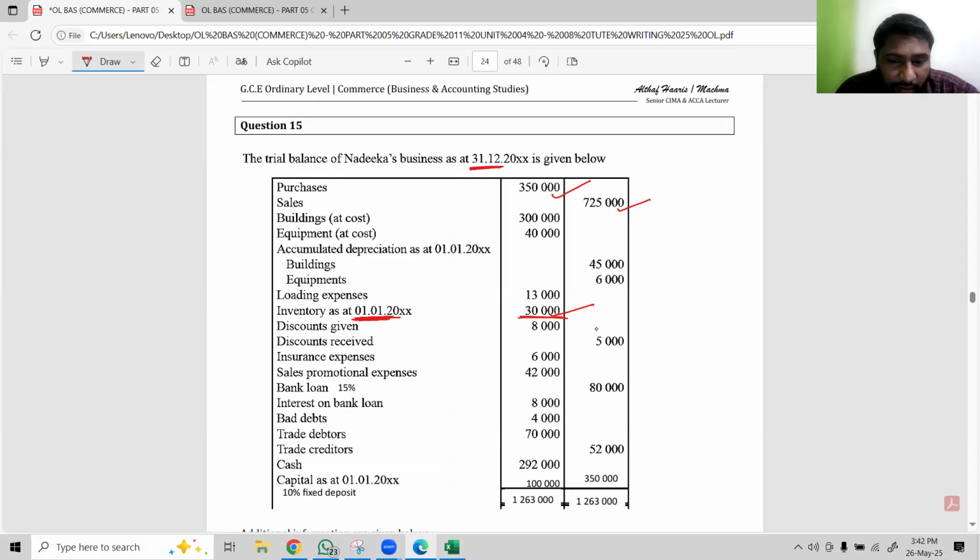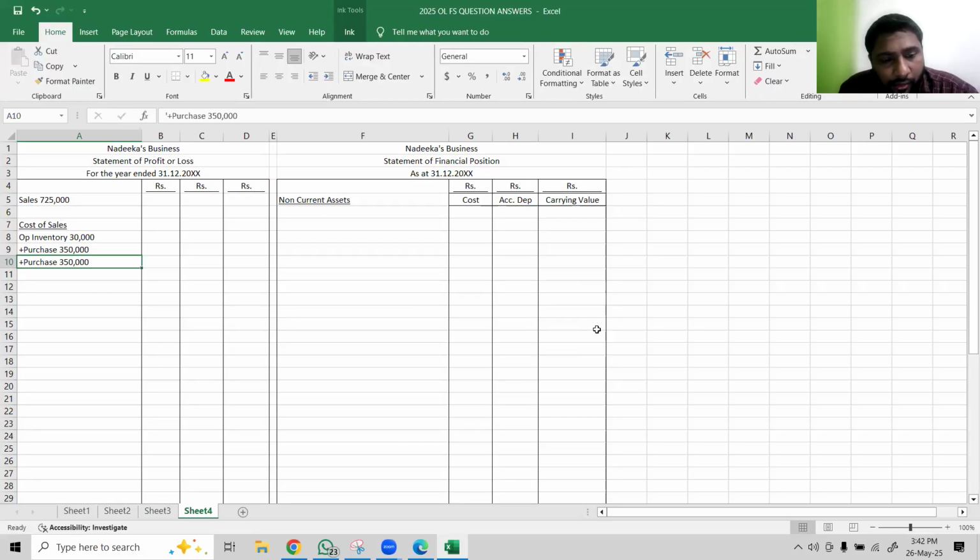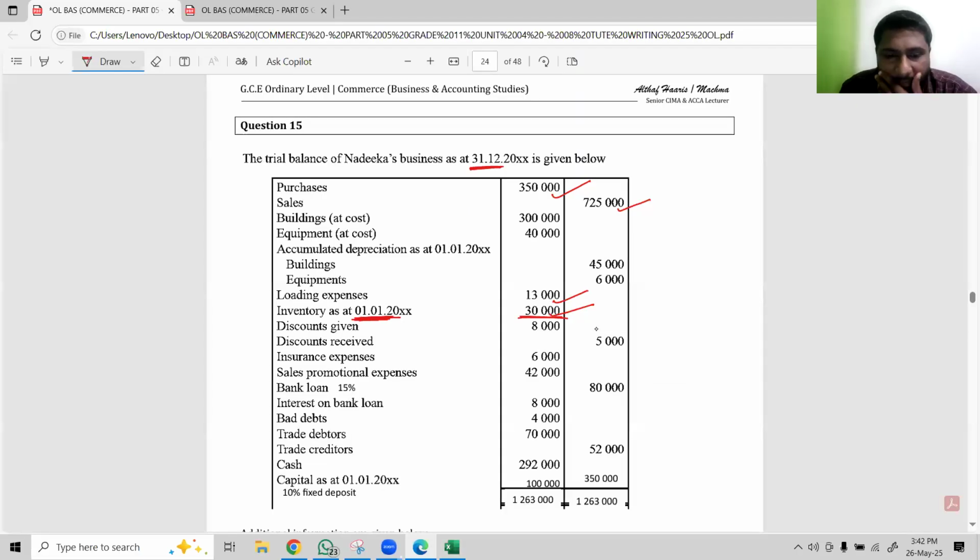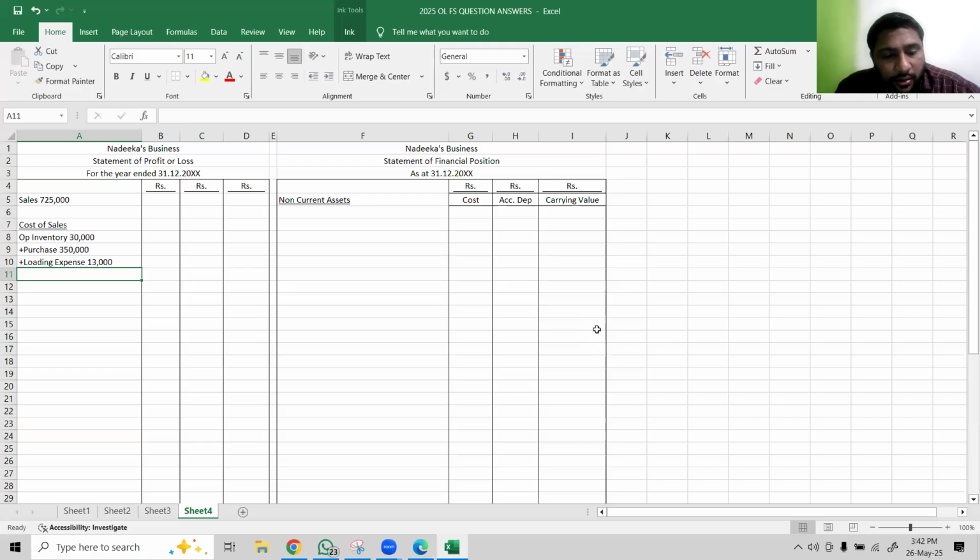Let's go through it quickly. We have loading charges 13,000. Do we have any carriage inwards in this question? No, we don't have. So we can keep one line to write the closing inventory.